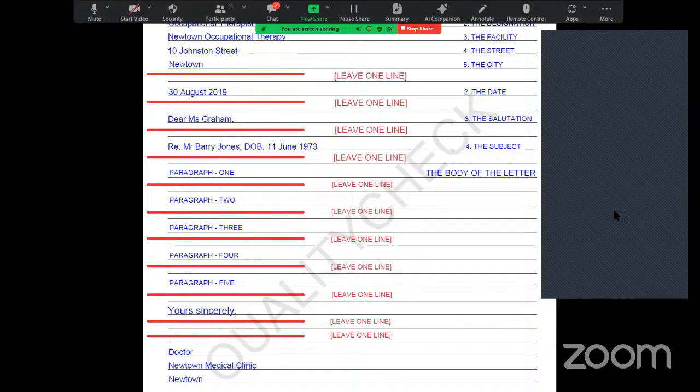We got a crystal clear picture of the letter after viewing this page, that firstly what we have to write, and then the ending point, sincerely, yours sincerely, and all that. So thank you very much, sir, for giving me this picture. That's fine. Thank you very much. You can mute back.